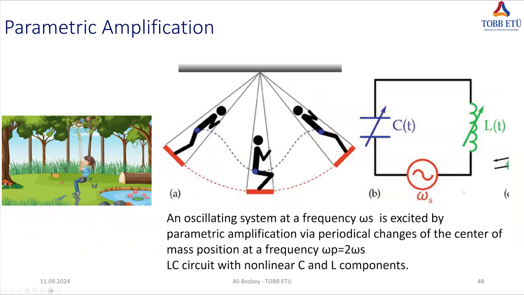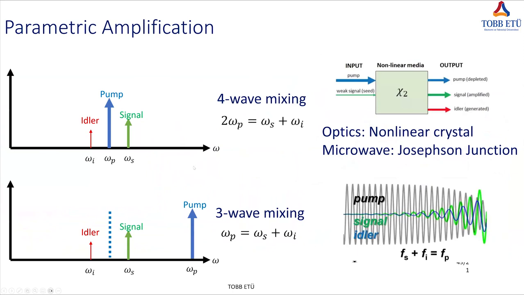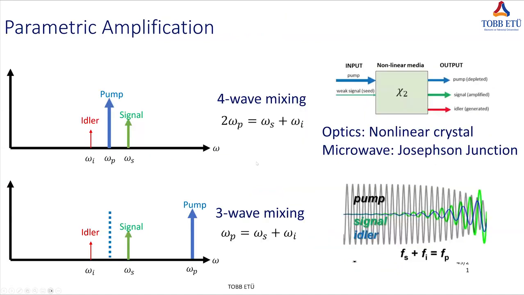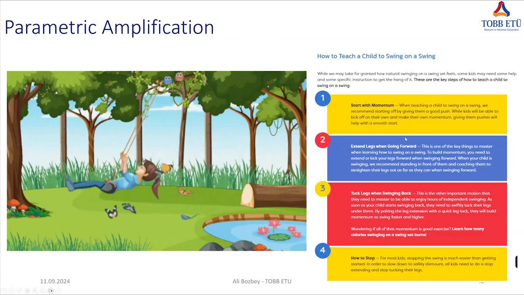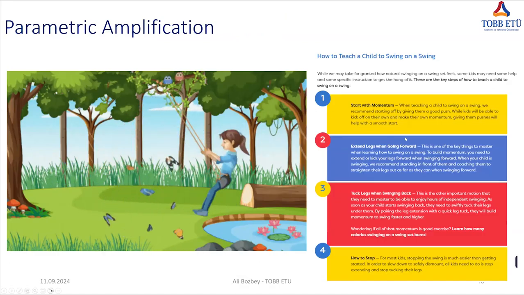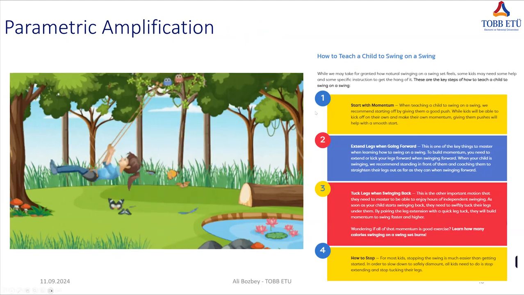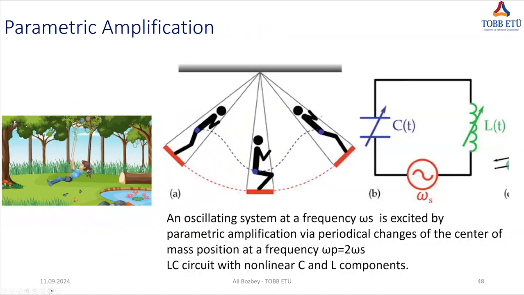This is the same principle in parametric amplifiers, both in optics and RF. Actually, the Josephson parametric amplifier principles are inherited from optical parametric amplifiers. They have the same principles.